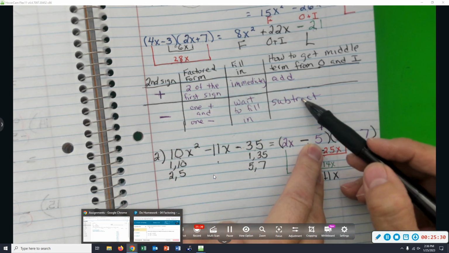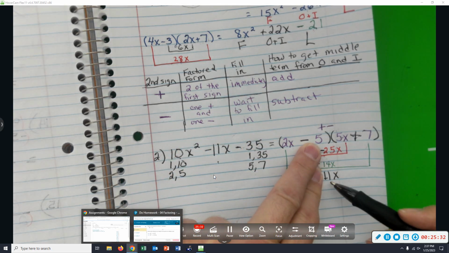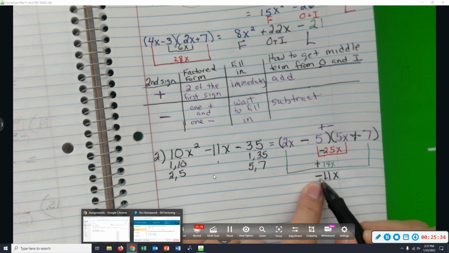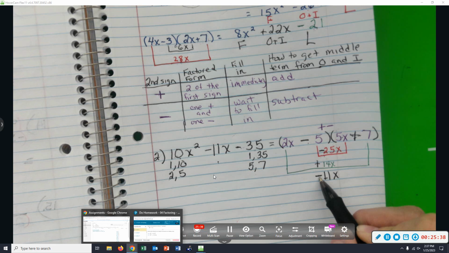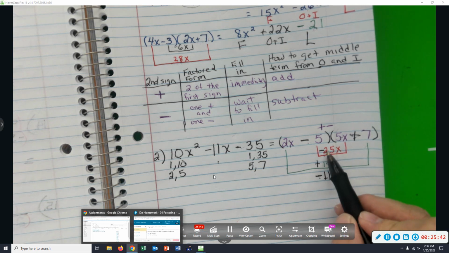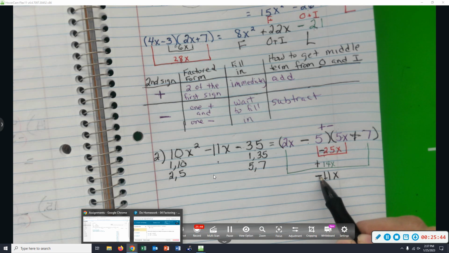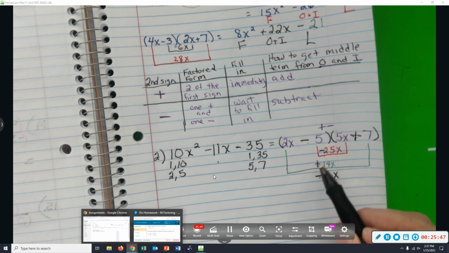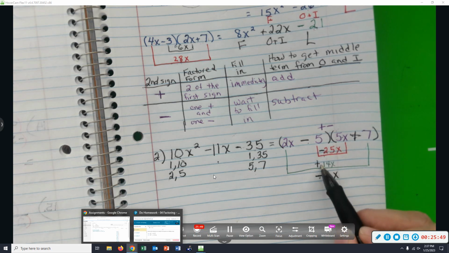If I subtract them, I get an 11. I want the 11 to be negative. When you're adding a positive and a negative, you keep the sign of the bigger number. So the bigger number would have to be negative. If you had reversed them, you'd have 25 minus 14. No, that'd give you a positive 11, not a negative 11.